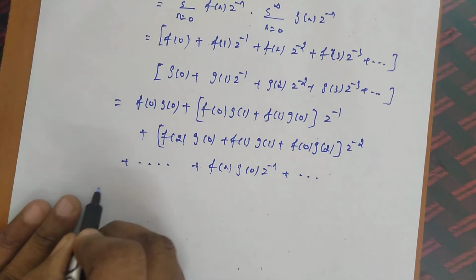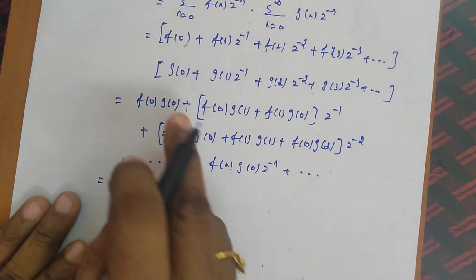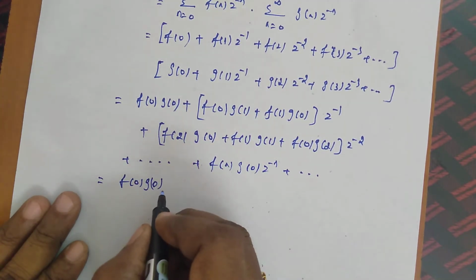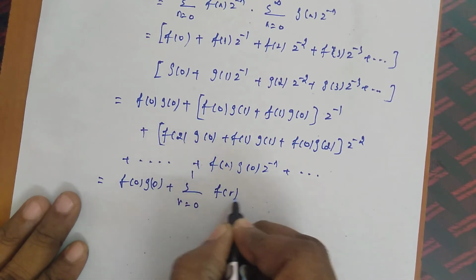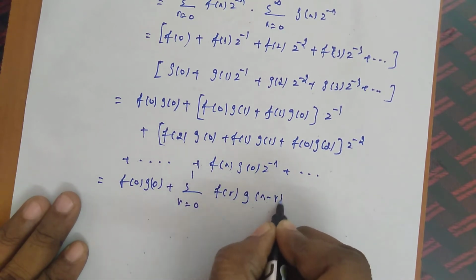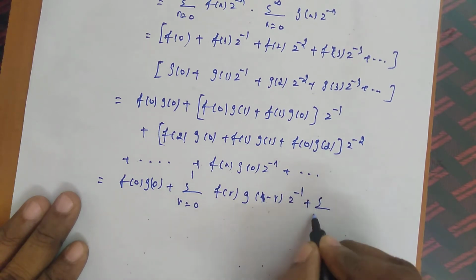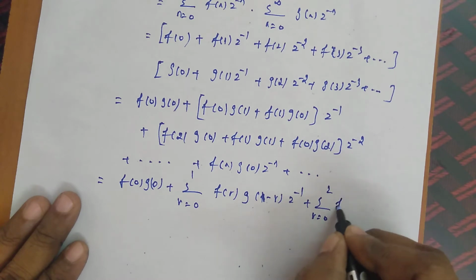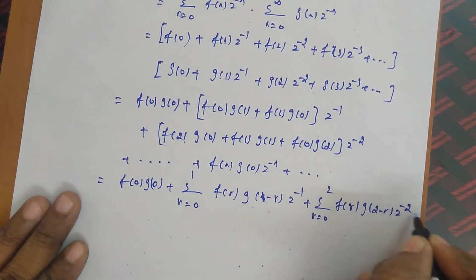Okay, so now we are going to give the sigma notation for the above terms. So f of 0 into g of 0, first one. For the second one, sigma r equal to 0 to 1. We can write this one as f of r into g of 1 minus r into z power minus 1. For the next one, r equal to 0 to 2, f of r into g of 2 minus r into z power minus 2.